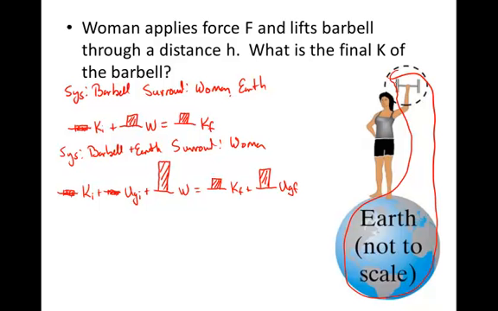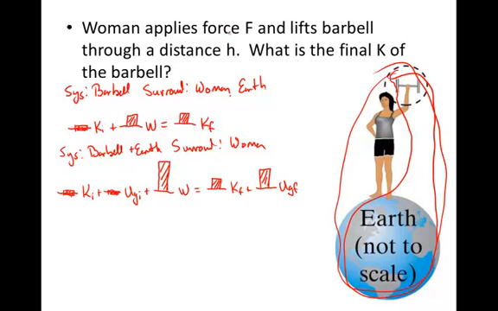Now, a third choice of system we could make would be to have everything in the system. Now, the problem with that is we don't have a potential energy function for the woman. What we are told is the force that she exerts. So even though we could do this, it doesn't help us actually calculate what that kinetic energy final is. What we would have to do, as the book does, is consider the internal energy of the woman.